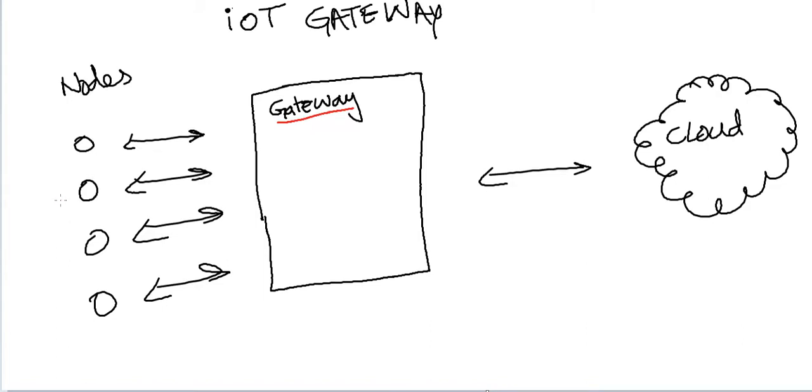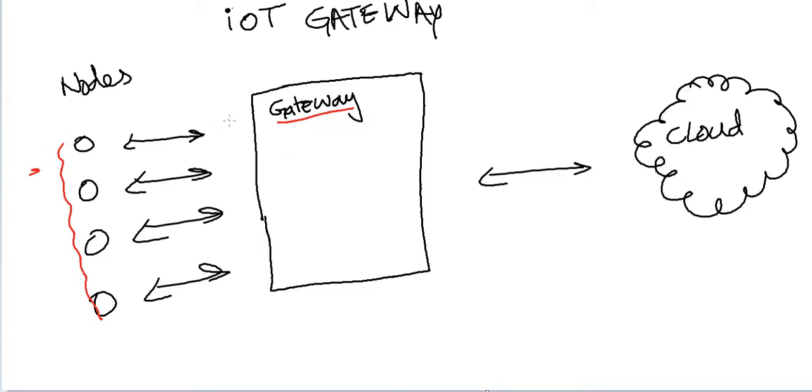There can be thousands of these devices, and all of them may use different networking protocols. They might have a lot of data to send. They need a lot of battery life, and they might be low power devices, because we cannot afford to recharge so many hundreds and thousands of devices every other day. They need to send so much to this gateway.